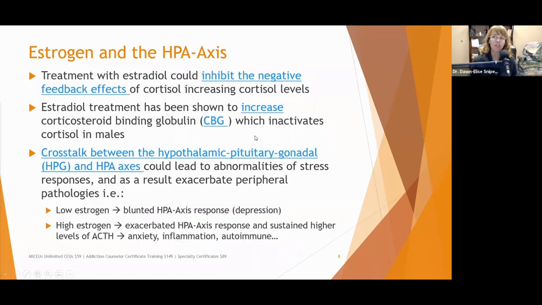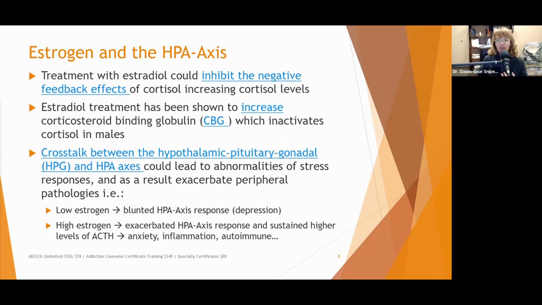Treatment with estradiol could inhibit negative feedback effects of cortisol, increasing cortisol levels. Remember, estrogen increases that HPA axis, so if we're providing estrogen treatment, there is the concern that it actually itself could be a stressor that contributes to hypercortisolism eventually, or increase cortisol levels.